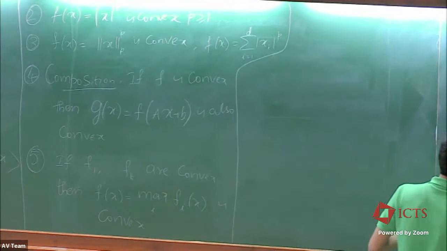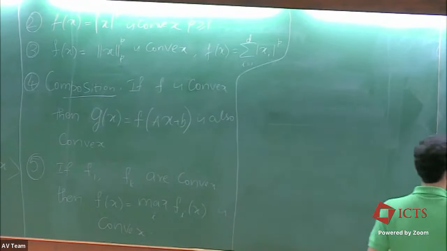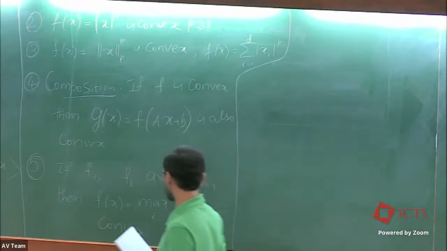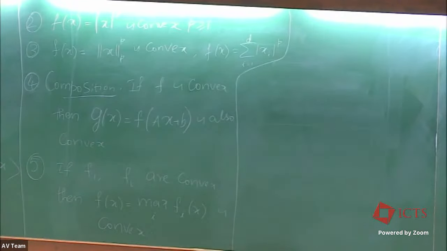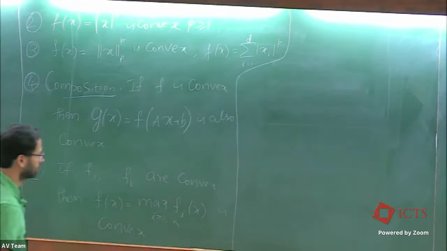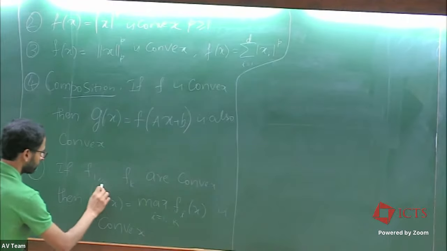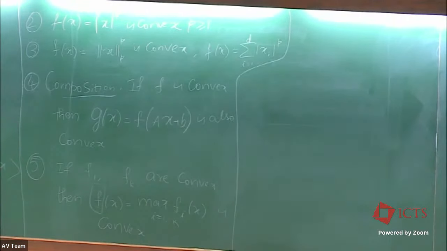In the fifth one, each of f1, f2 up to ft are the individual functions, right? Yeah. So the maximum of fi means the maximum over functions from 1 to t, any one of them. In the beginning we say all are convex, then at the end we say the maximum is also convex.